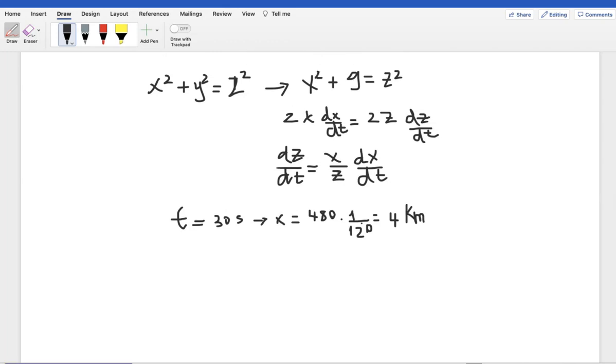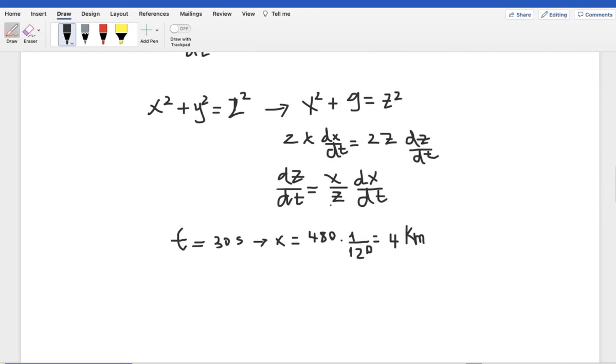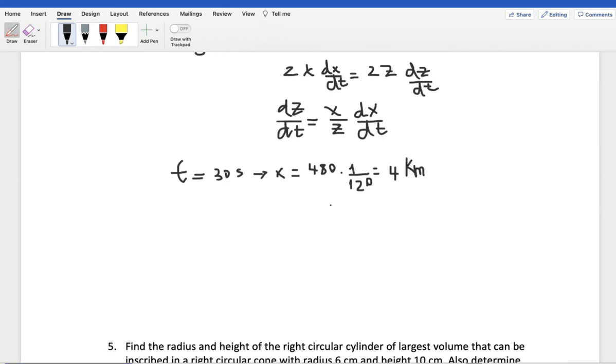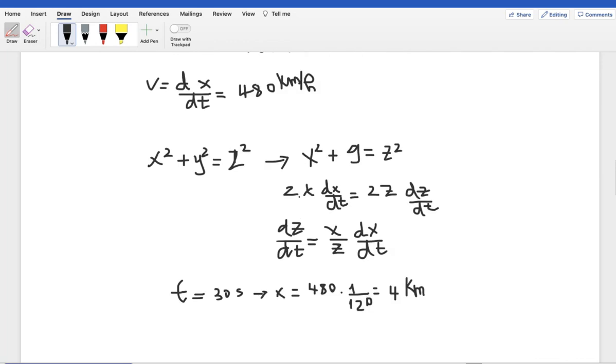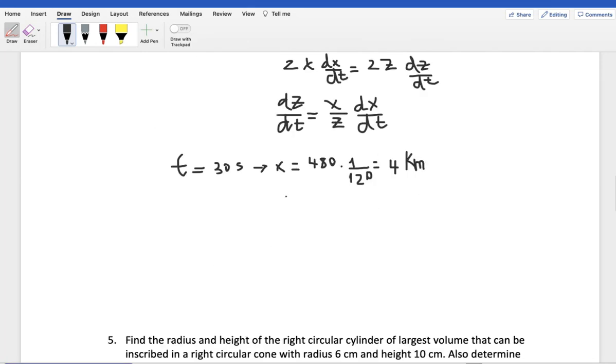Let's find now z. Well, we already have y, we have x. We can use the Pythagoras theorem to find z, right, at that value. So z is therefore equal to the square root of x squared plus y squared.